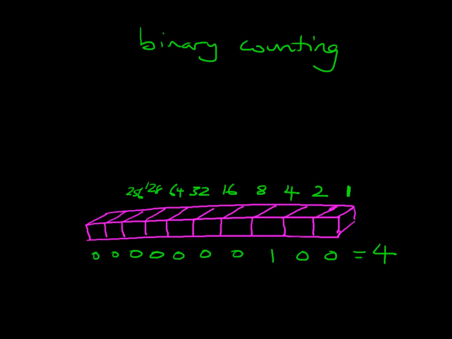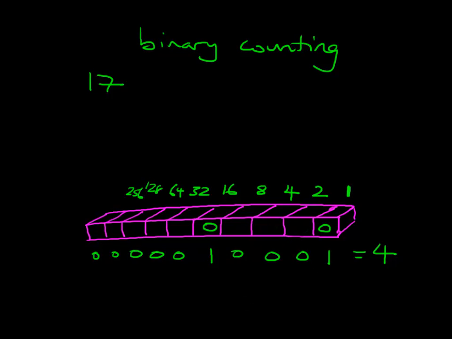So let's say that I want to make the number 17. How do I do that? Well, 17, it's almost 16, so I put in 16 first. So I need a 1 in there. And 16 plus 1 makes 17, so if I put another ball in here, then that will be another 1 ball in here.